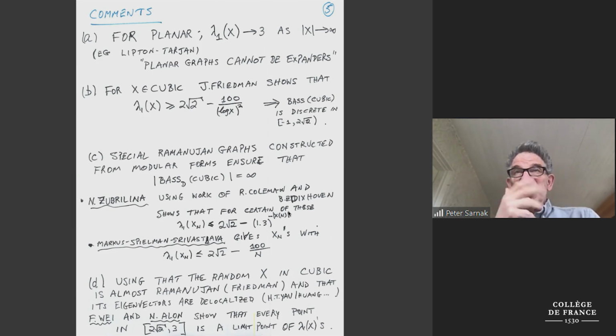One was an ingenious elementary proof, and the second used Jacobians of curves. In that proof, he actually proved that Frobenius, whose eigenvalues we're talking about, is semi-simple, a thing that we only know in the case of curves. For the more general case that Deligne solved of the Weil conjectures, we don't know the semi-simplicity. It's a major unsolved problem. Anyway, that semi-simplicity is enough to get you these super Ramanujan graphs.